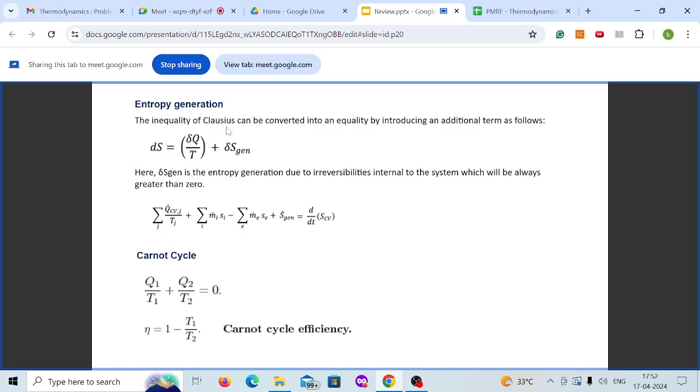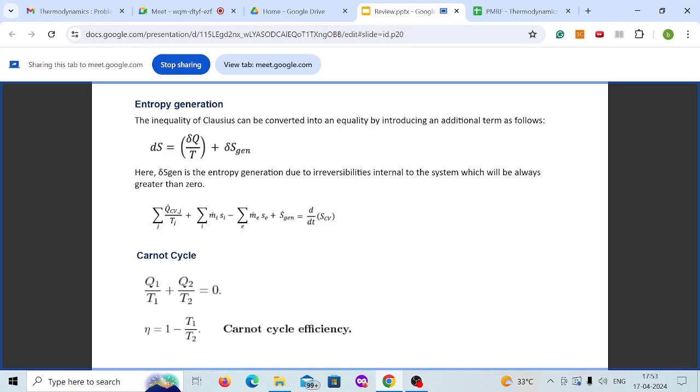So next is the Carnot cycle. The Carnot cycle was invented by Sadi Carnot to find out the maximum possible work you can generate from any heat engine. His idea was to see what the limit is, where I can get the maximum out of an engine.